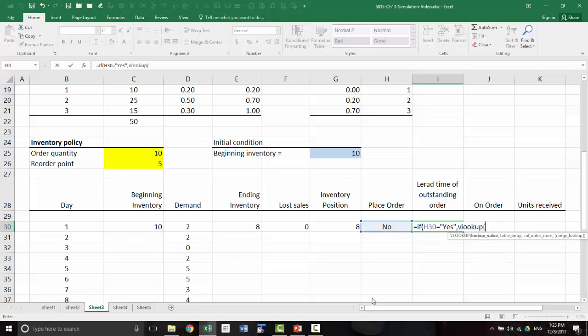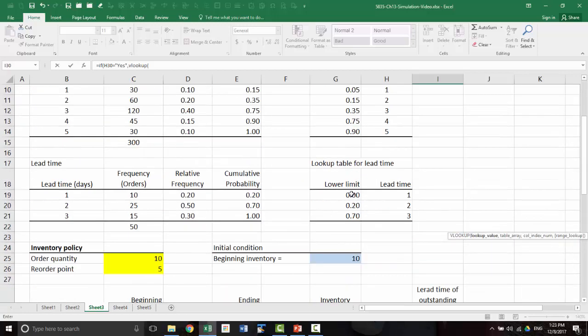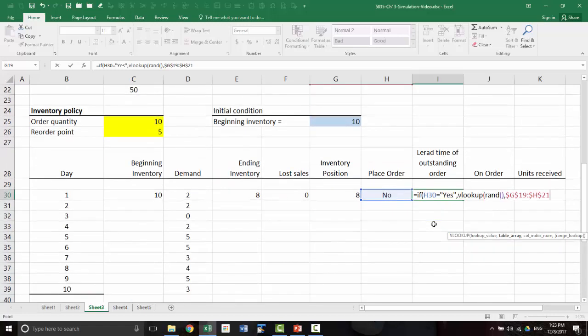So VLOOKUP, RAND, comma, that, absolute reference, comma 2. All right.